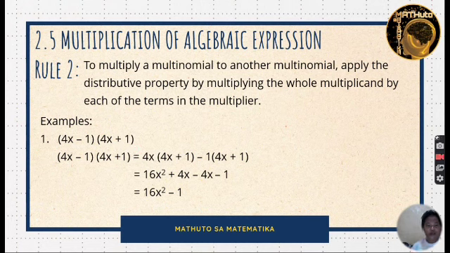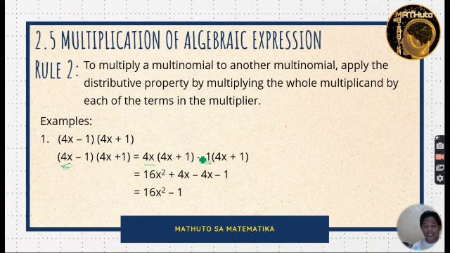So, nangyari po dito, pinaghiwalay po yung terms ng multiplicand po. Ito po. So, 4x minus 1, so ang ginawa po natin, dinistribute po natin yung terms into the multiplier po. 4x times 4x plus 1, so distribute natin yung 4x, so naging 16x squared, and 4x times 1 is 4x.